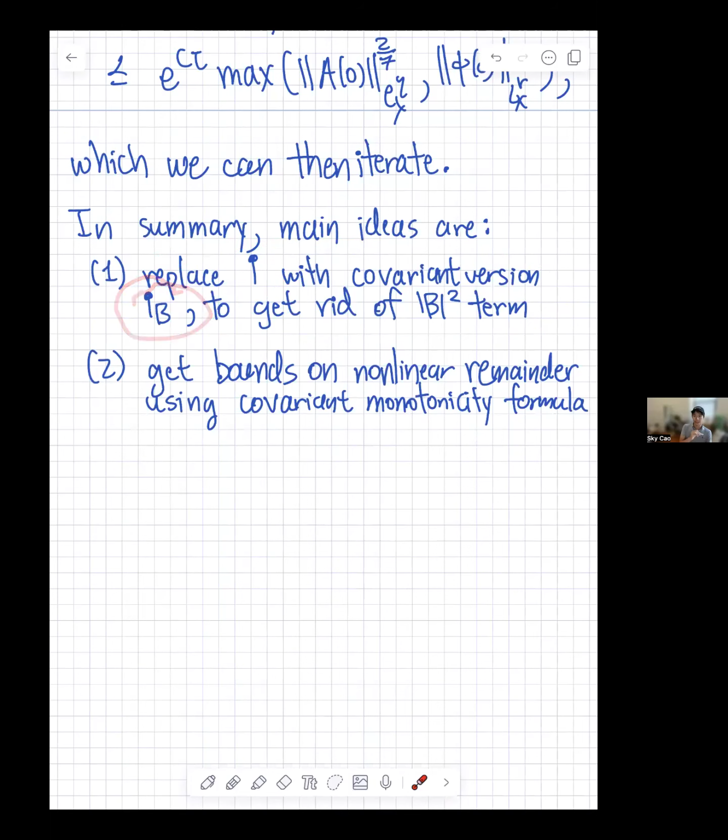And the key thing was that the more geometric version still satisfies the same probabilistic bounds, it turns out, via the diamagnetic inequality. And then the second thing, which I didn't talk too much about, is that you still actually have to do analysis and bound everything. And you can get bounds on the remainder using what we call a covariant monotonicity formula. Okay, but I won't get into details about that. With that, I'll finish, and thank you for listening.